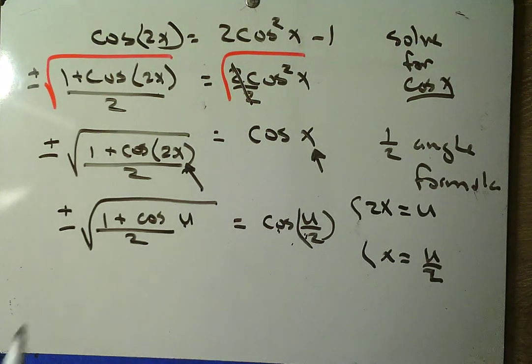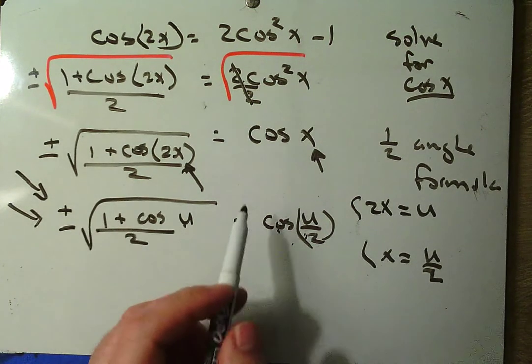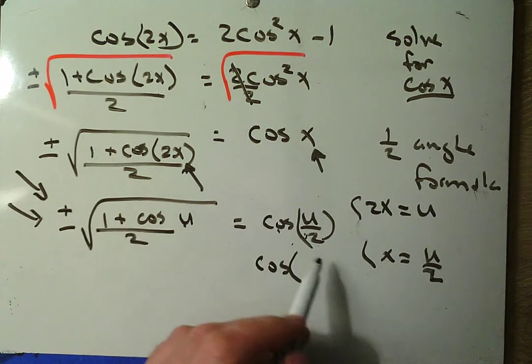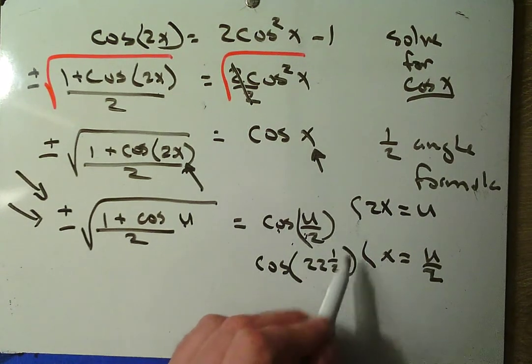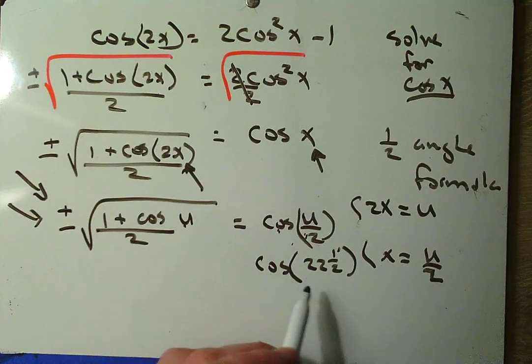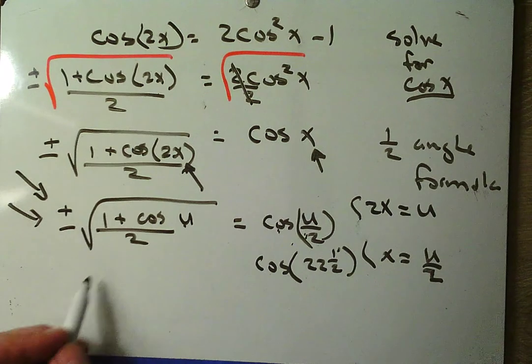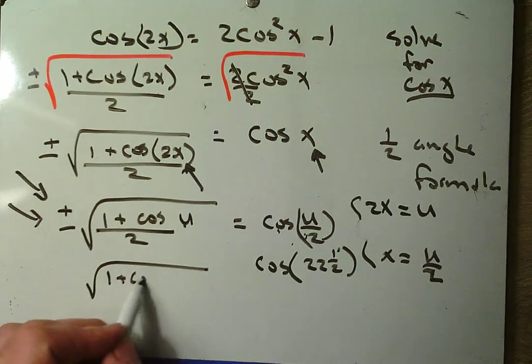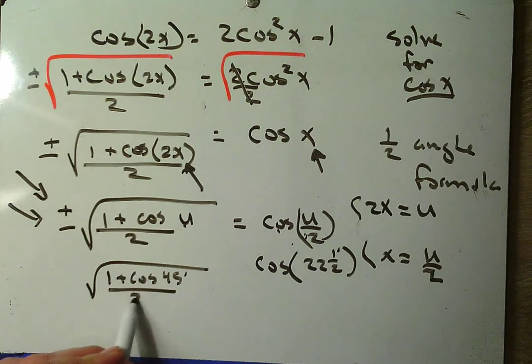So having derived the cosine half angle formula, I will now show you how to use it. By the way, this plus and minus here, it's not both of them. It's whichever one is needed for our angle. So for example, if I wanted to find the cosine of 22.5 degrees, well, I know that that's half of 45 degrees. So in here, I plug in 1 plus cosine 45 over 2.